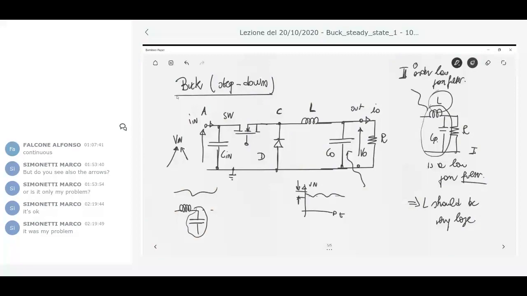That means you can have a smaller inductance with the same filtering action as the first order. So even though C0 is not essential to the operation of the buck, this output capacitor is always present because I need to increase the filtering action at the output side of this converter.